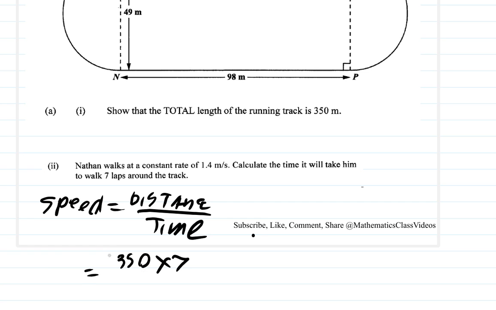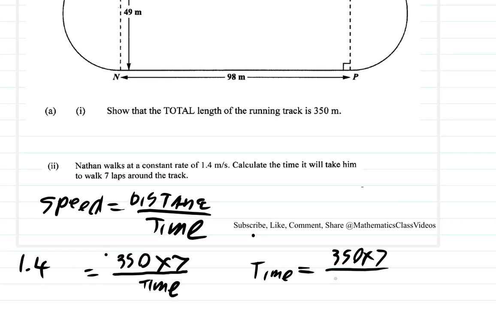So you have 350 times 7 over time, whatever time it is. But they give the speed, 1.4 meters per second. So when you make time the subject of the formula, time would be distance, which is 350 by 7, over speed 1.4. Alright?